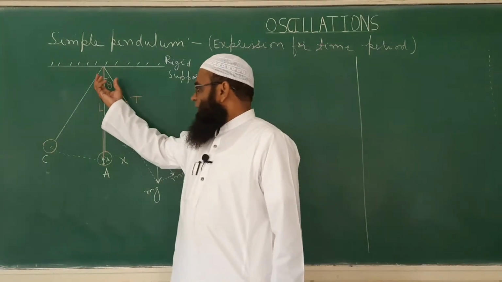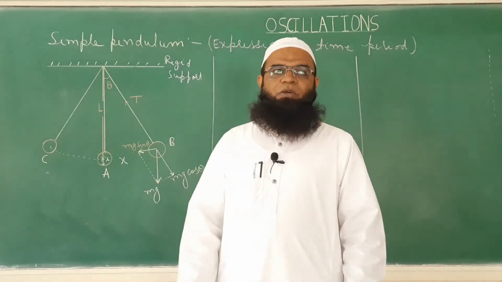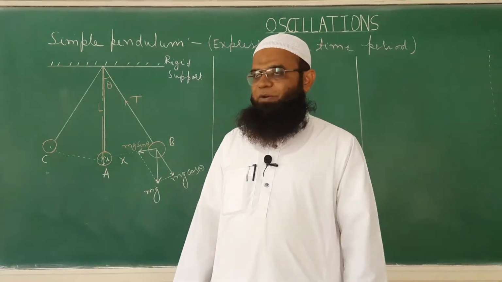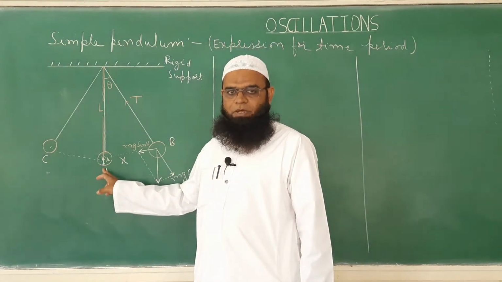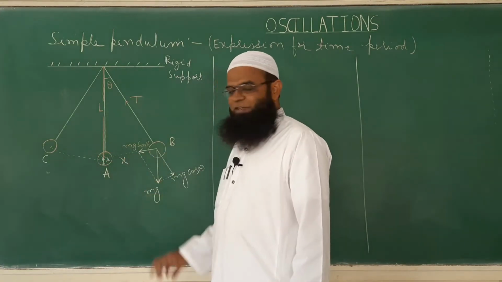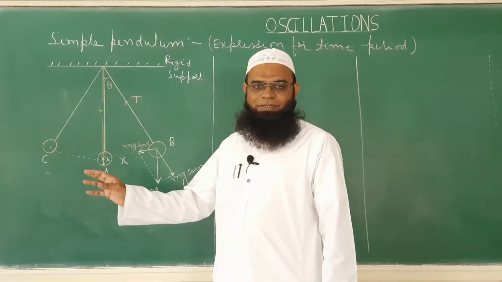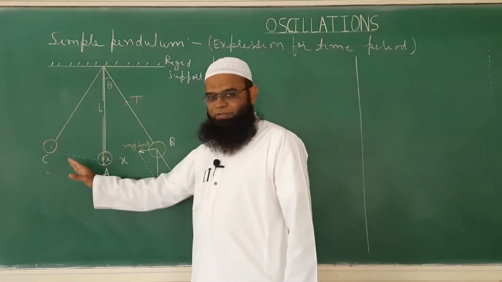When the bob is in its mean position, that means when no external force is acting on it, this position is A. Now, if we displace this bob from its position and then release it, the bob will perform oscillations.